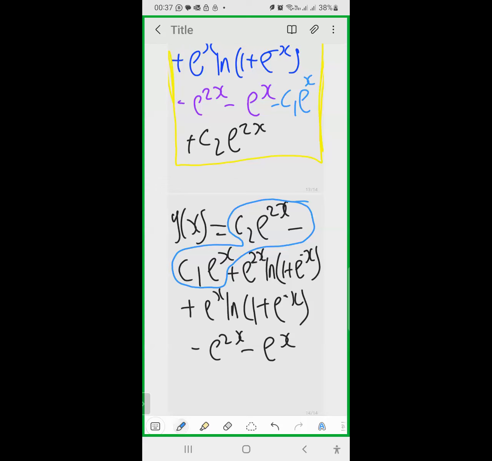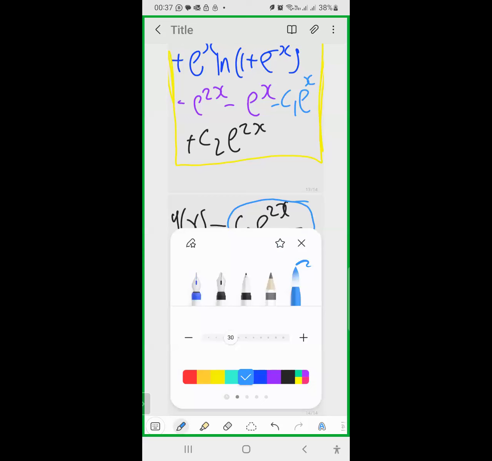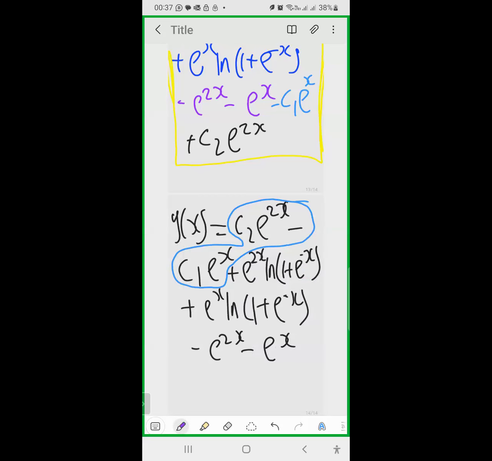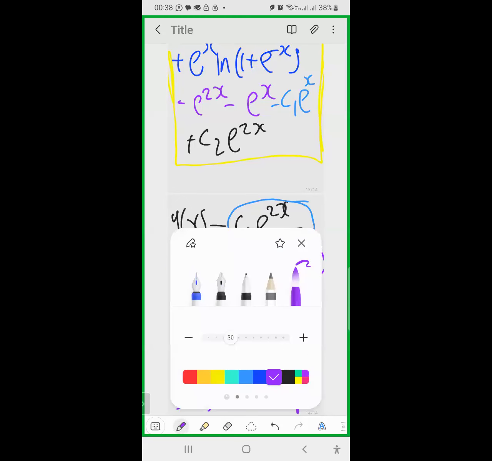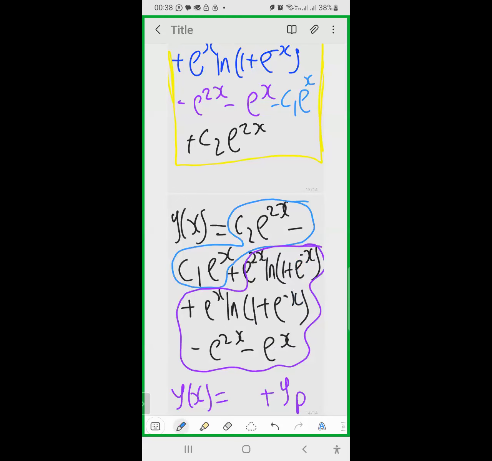And then there's a solution here which is the particular solution. And we know that by definition, our general solution is the complementary solution plus the particular solution. And that's what we're going to get by using the method of variation of parameters.